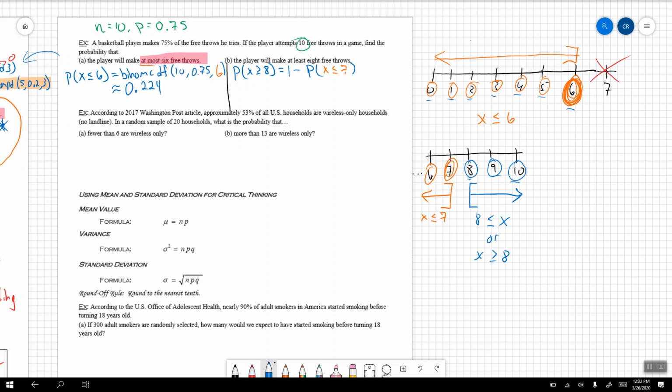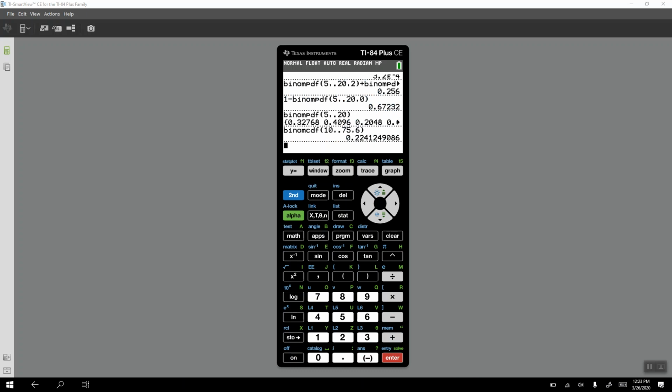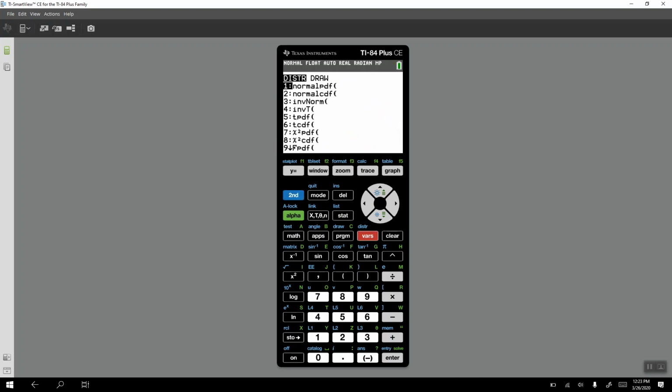How does that look on the calculator? This is 1 minus the binomial CDF of 10, 0.75, comma, 7, because we want to start at 7. So let's go to the calculator. Here we are. So input exactly as it is. 1 minus distribution. We want binomial CDF, 10 trials, probability of success.